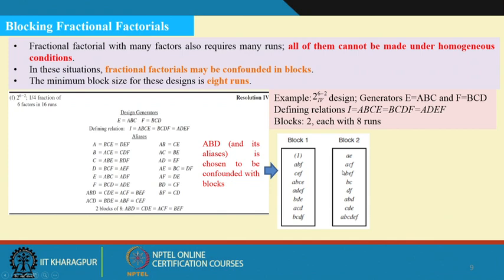So in general, the concept of blocking is the same: when you have paucity of material to experiment in homogeneous conditions, paucity of operator, paucity of time, you require to block. Block what? A fraction of the experiment will be conducted under a certain homogeneous condition, and another fraction under another homogeneous condition.